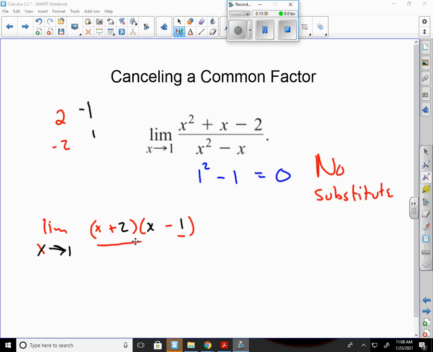In my denominator, can I factor anything out of the bottom? Both terms have an x, right? So I can pull an x out in front. That's going to leave me with x times x minus 1.